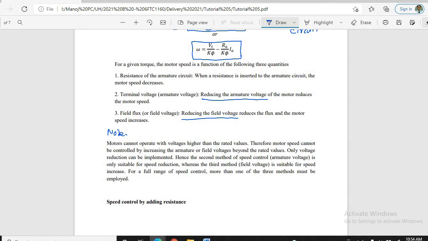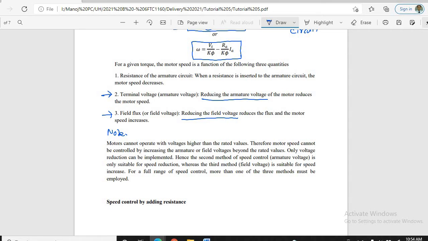Since only voltage reduction can be implemented, the second method of speed control is suitable only for speed reduction in most cases. And the next one, the third method, is suitable for speed increase.